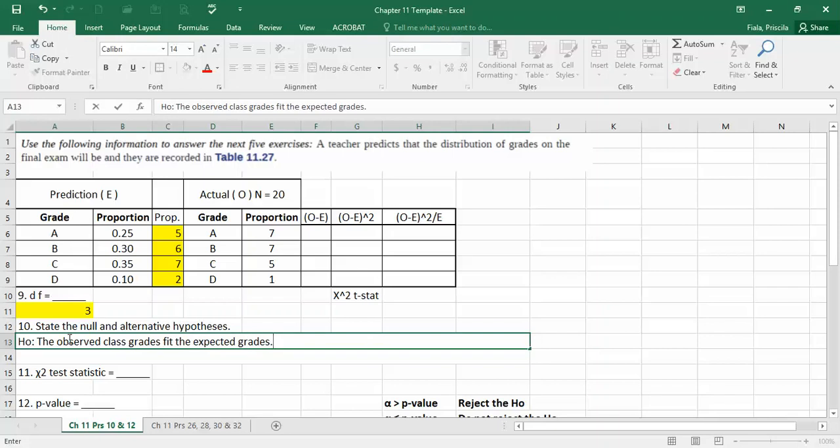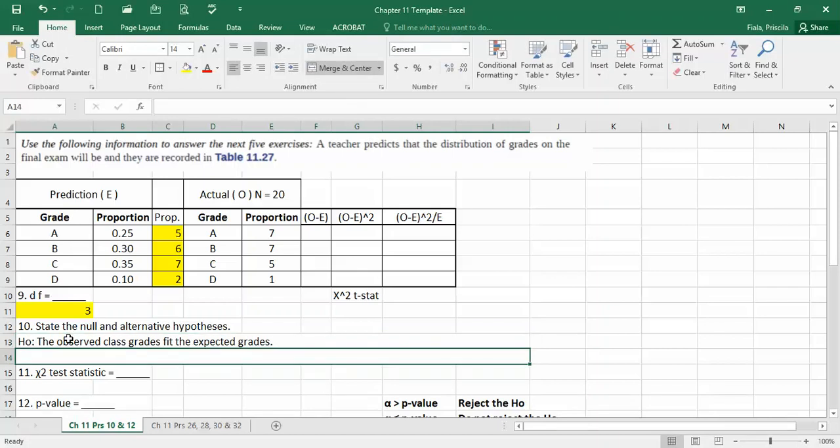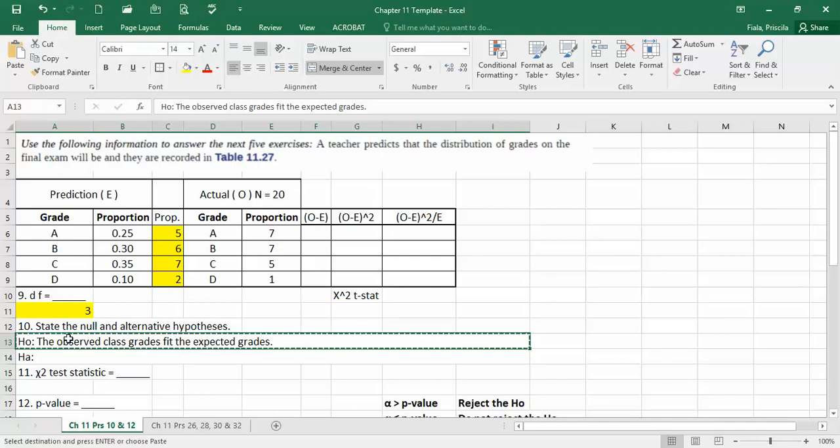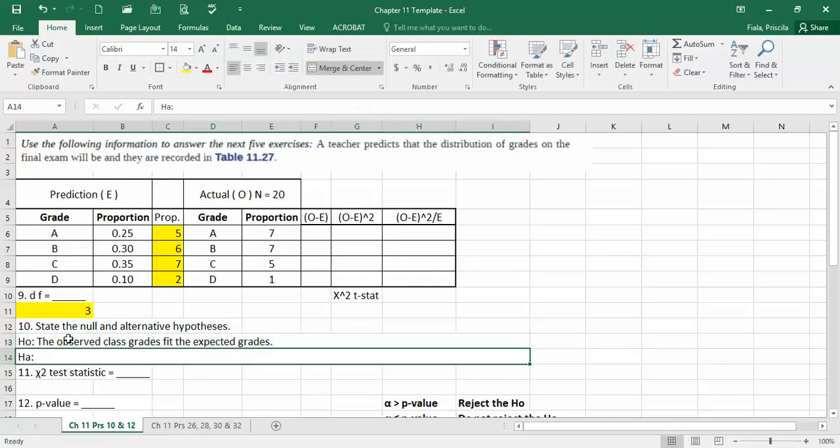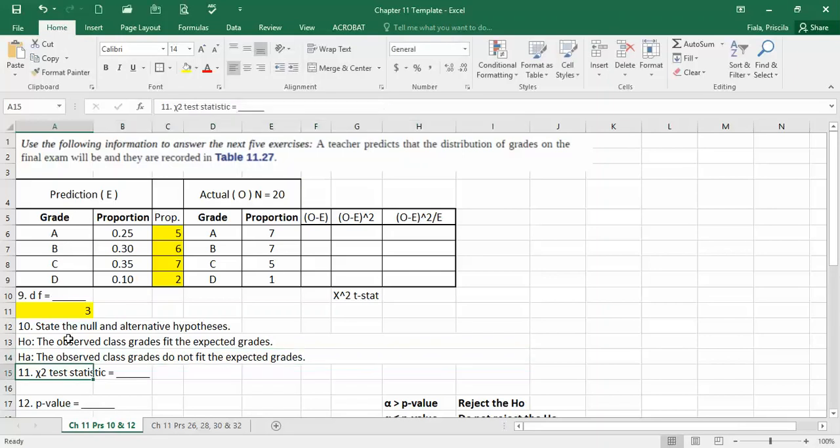We're trying to see if we have enough evidence to support that. Not prove, incorrect wording, I'm sorry. So my alternative, let me just copy this. If the null is that it fits, then the alternative would be that the grades do not fit.